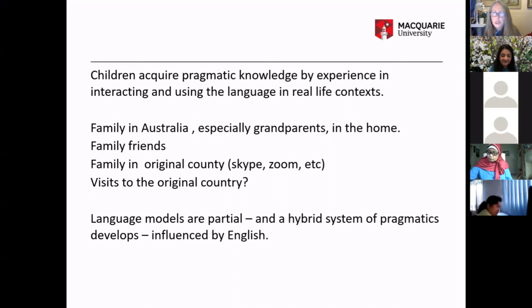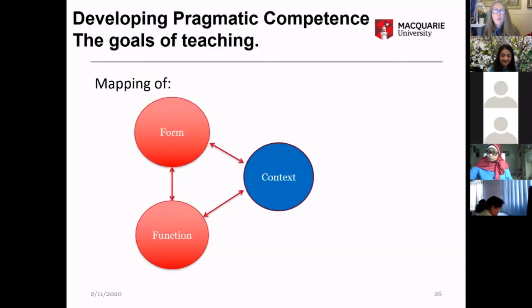So this is how you teach pragmatics explicitly. Whenever you teach any language, you always teach the form of the language, you teach the function, what the language does, and at the same time, you highlight the context where that language is used. So your teaching involves these things.